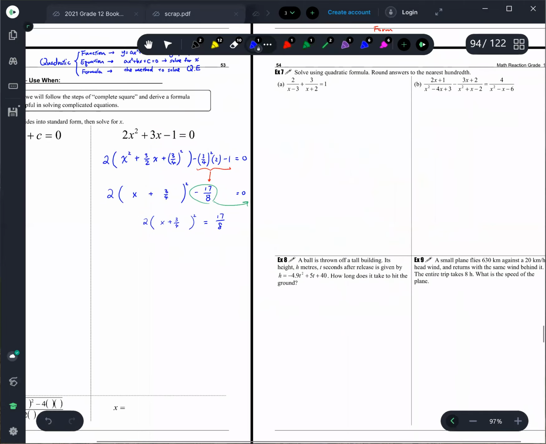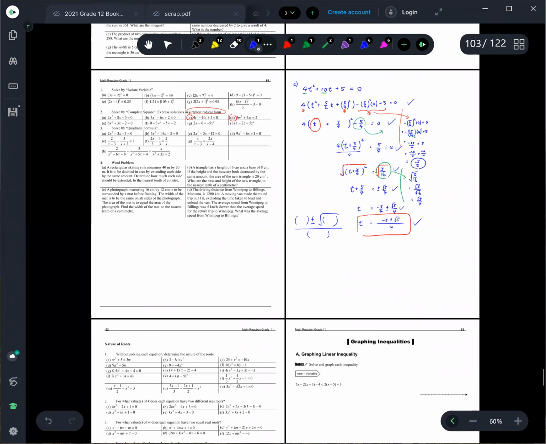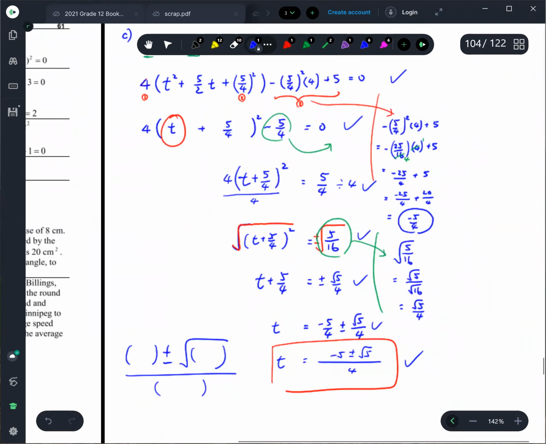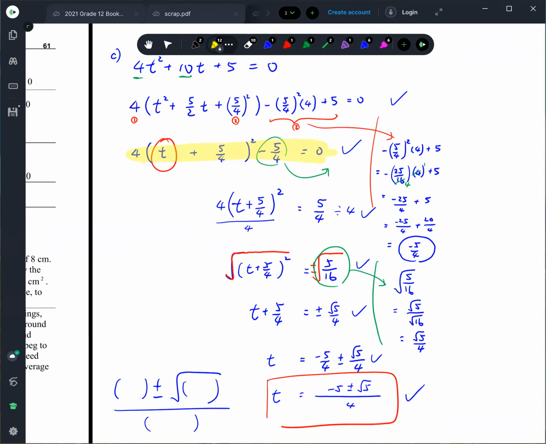Okay, can you take a look at what we did when we were doing the homework question? We moved the minus 5 over 4 to the other side, right? You see a yellow highlighted part? Yeah, I see it. So after we moved it over, what do we do next?